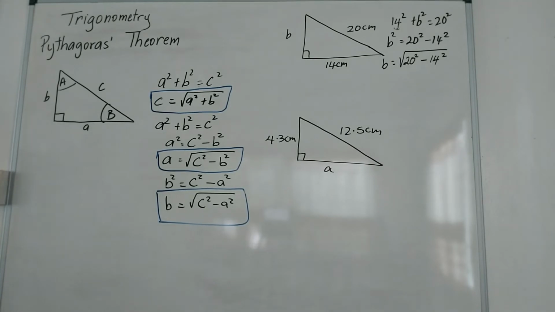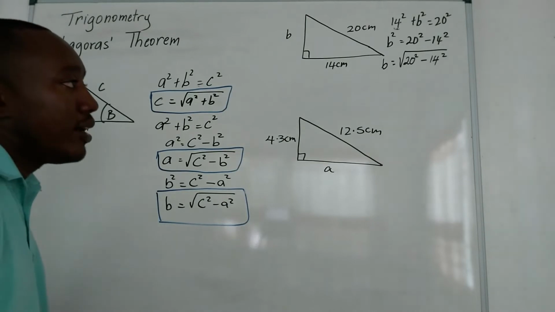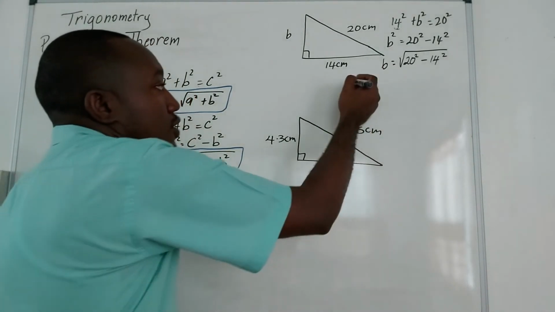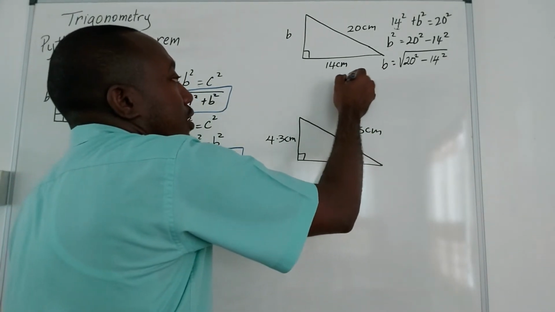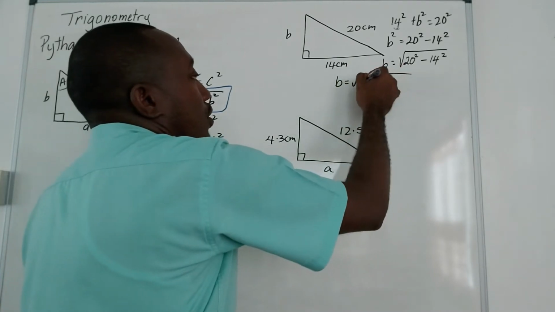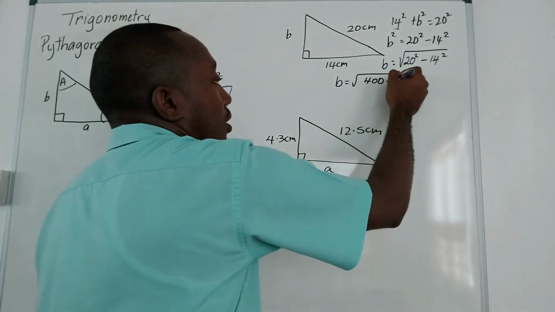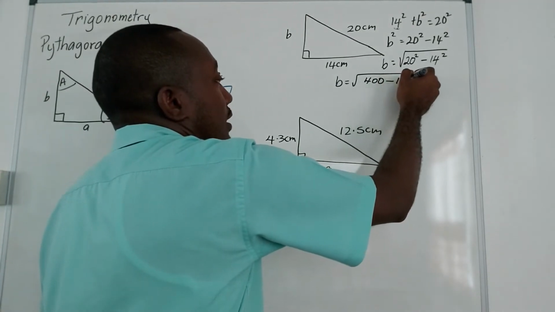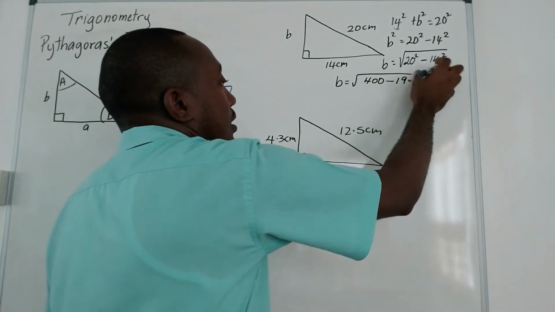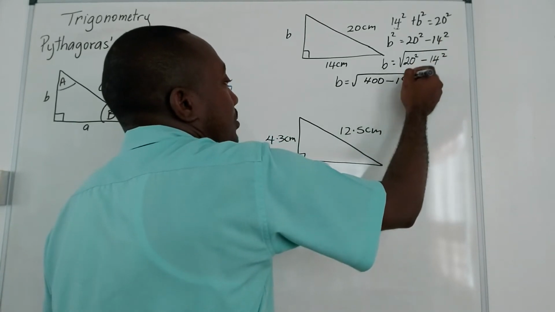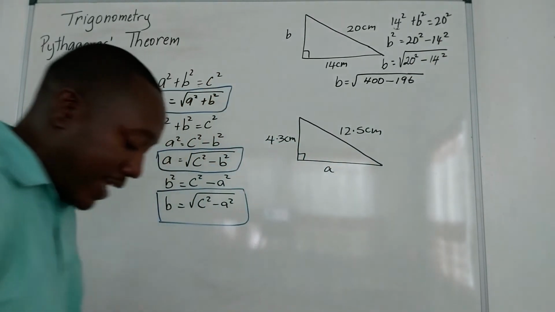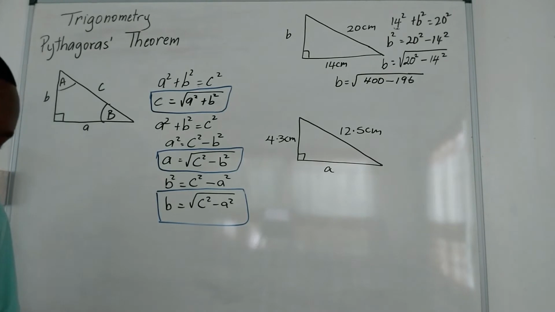Now that you've completed that, let's see if you have the similar answer. Now, 20 squared is 400. 14 squared will give us 196. Let's subtract that to see what we will get.